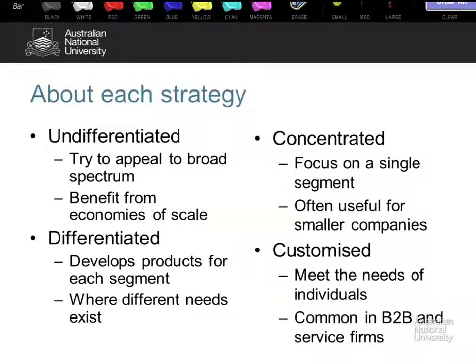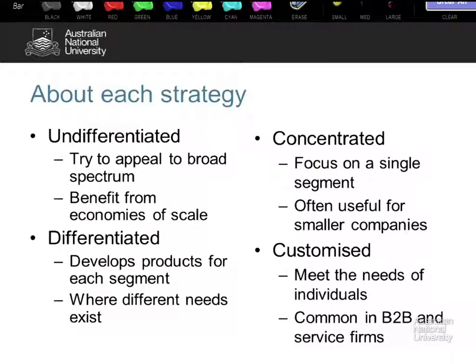To pick the segment and get the segment fine-tuned enough, you need to use the consumer behaviour aspect so you can talk about your individual segment. And then you have to pick which approach to segmenting you want to use.